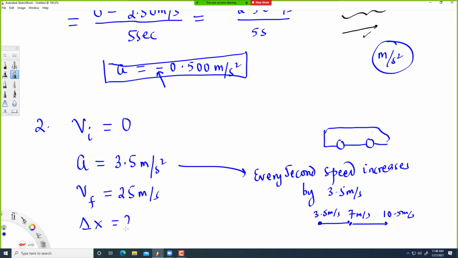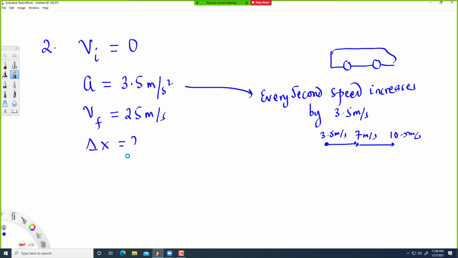We want to use one of the 3 formulas. You can see which one is relevant. Given these things, we can use this formula: delta x is equal to v final squared minus v initial squared over 2a. So plug in the numbers. Vf is 25 meters per second. We have square, so put square.